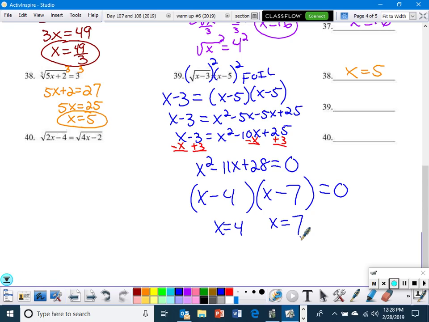However, remember we must check for extraneous solutions. So that means we have to check both answers. All right, so I'm going to check the 4. So I'm going to plug the 4 in.